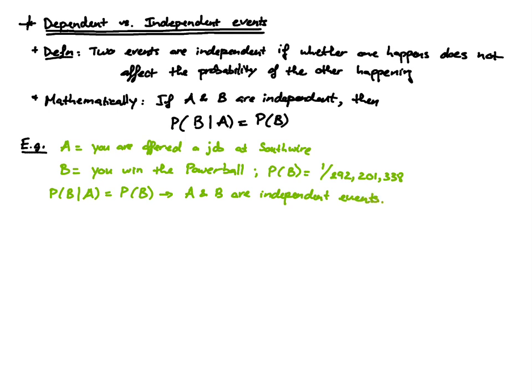Okay? It's not like you get a job and then the probability of you winning the Powerball is different. It doesn't work that way, right? The probability of winning the Powerball is what it is, okay? And at least in this case, it's not affected by whether you get a job or not.